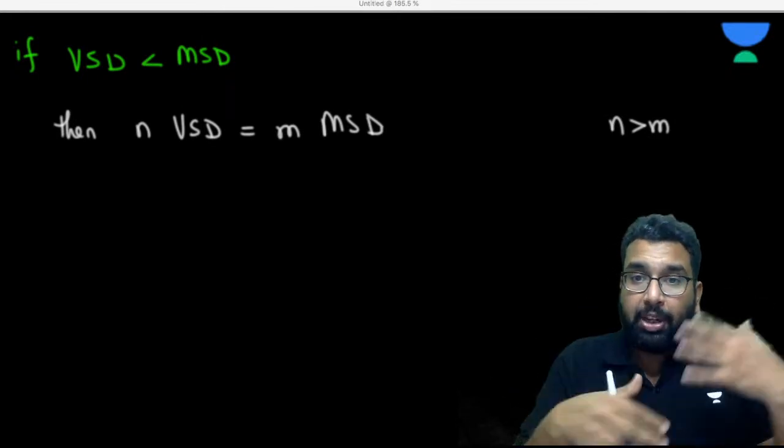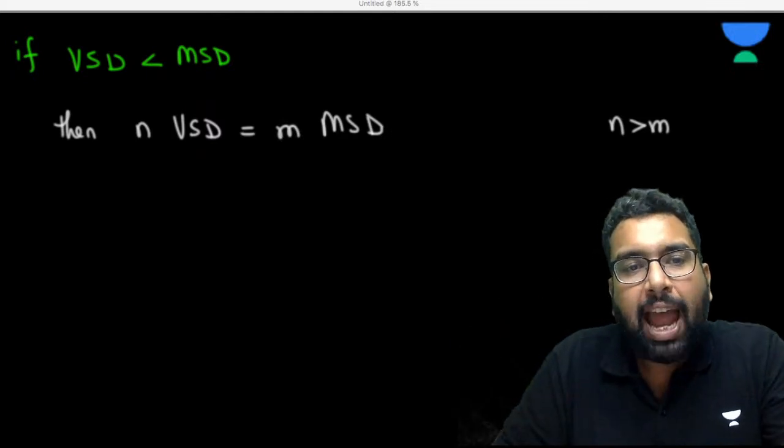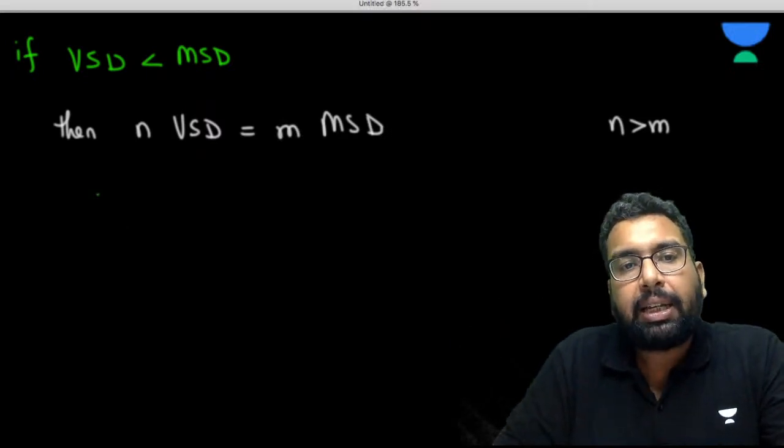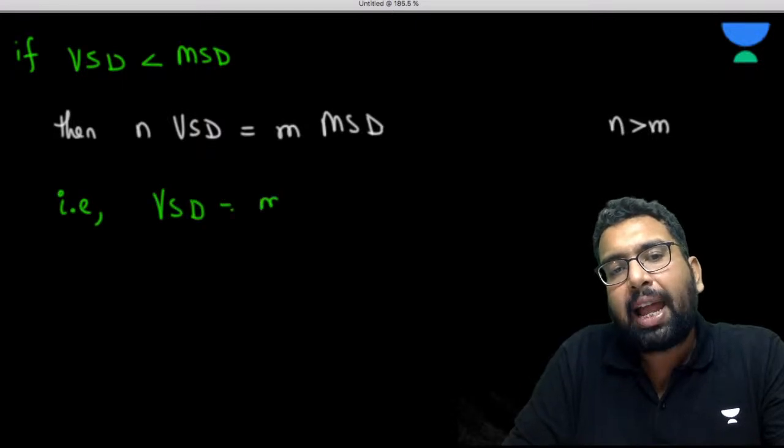In every question this is going to be changed. So that means, a very important concept, one Vernier scale division is equal to m by n of the main scale division.